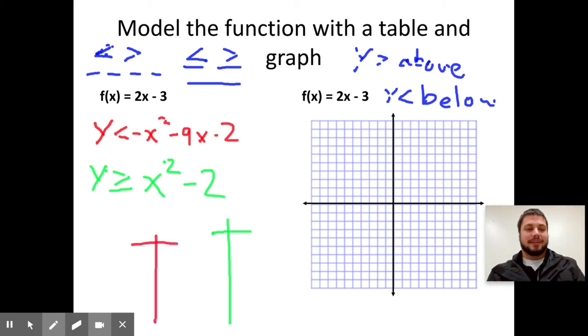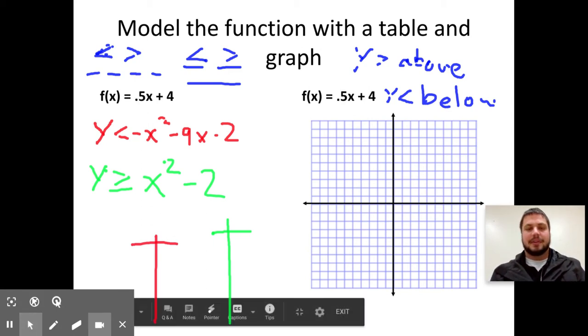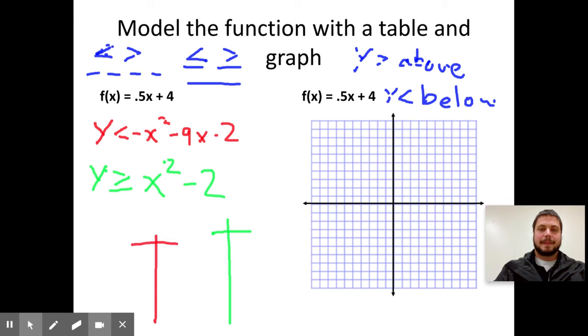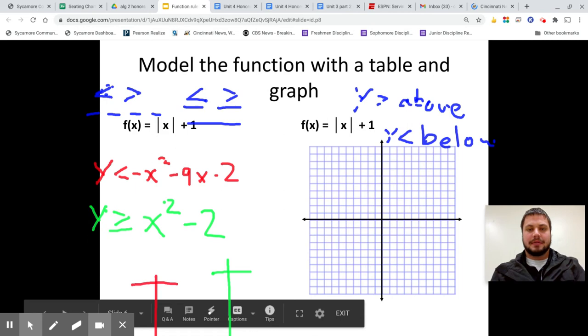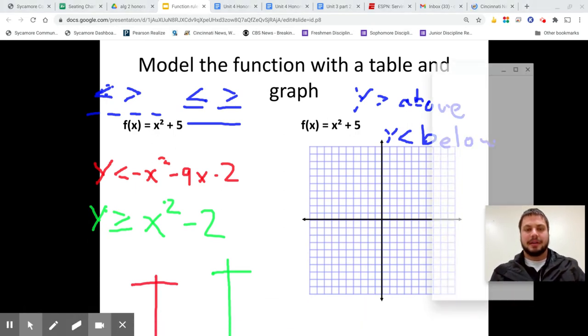We're, of course, going to get these t-tables from our calculator, so even less thinking that we need to do here. Trying to bring up my calculator here. Here we go. Got it.